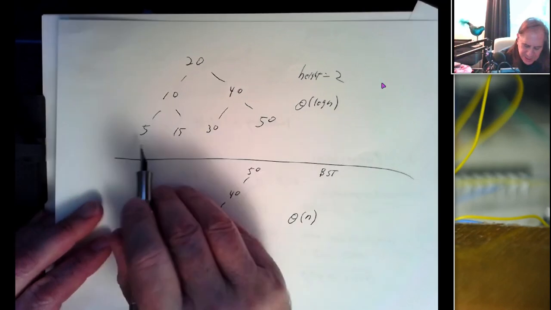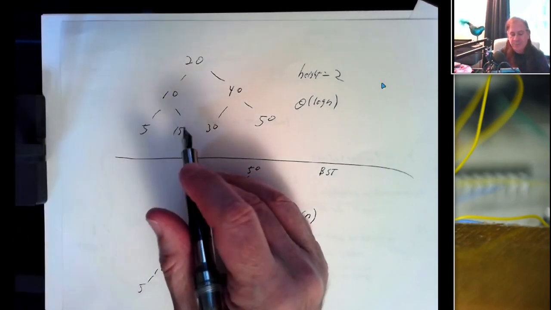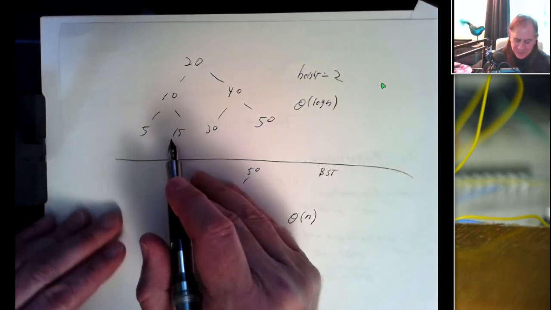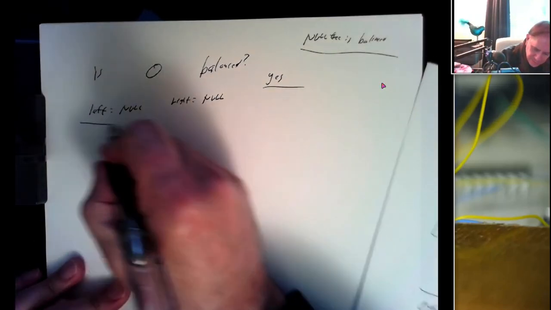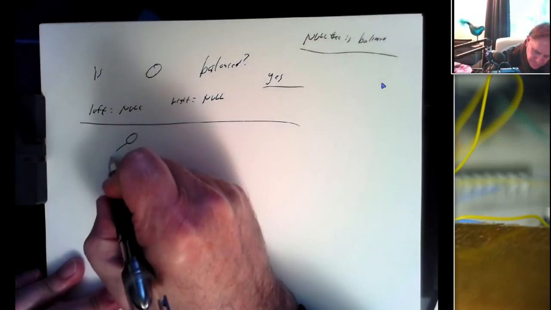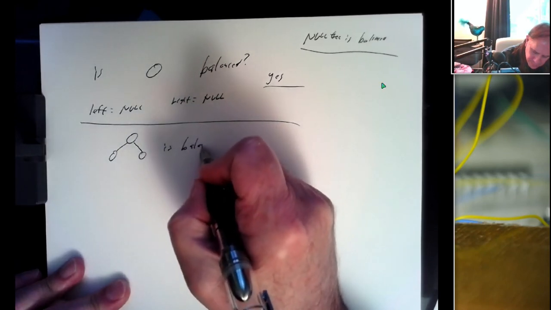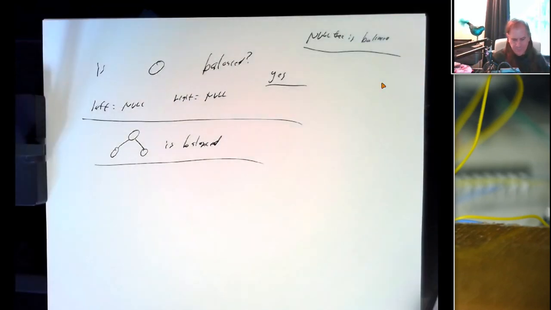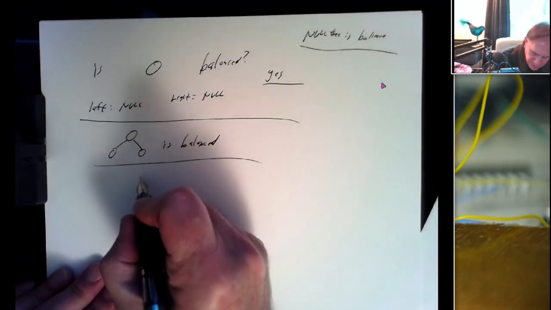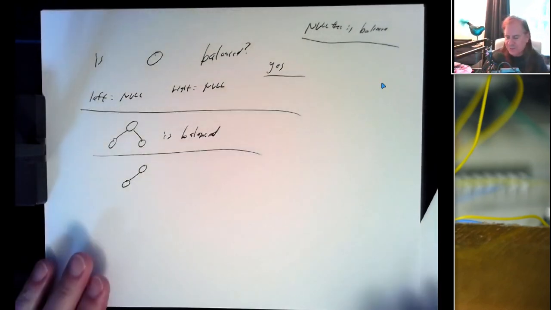Well, since a tree containing a single node is balanced, both of these trees are balanced, and they both have a height of 0, and so this tree is also balanced. So that's a balanced tree. But it turns out this tree will also be balanced.